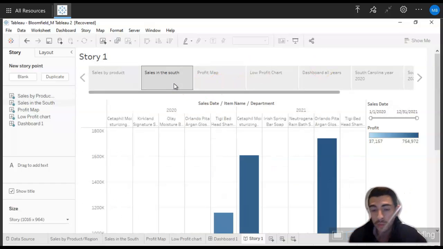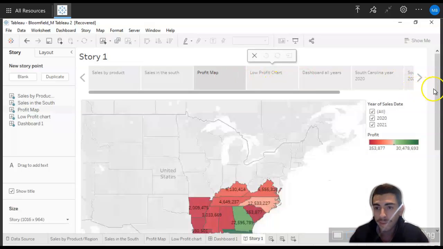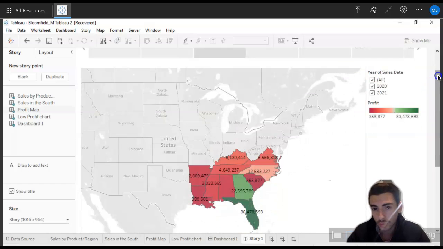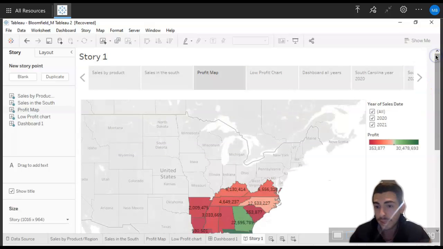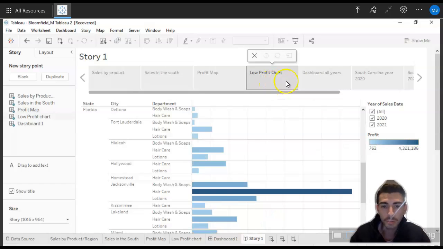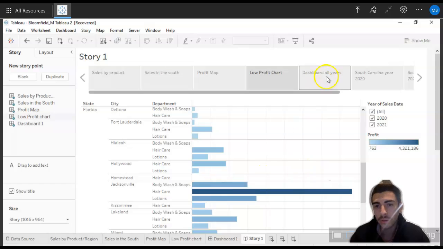Again, I repeated this one because this was the place that had the most profit. So we will really want to focus on here. Profit map. Again, I think this is a really good visualization that everybody should look at, because it's easy to understand. Again, the low profit chart showing the city, what products are being sold over there.